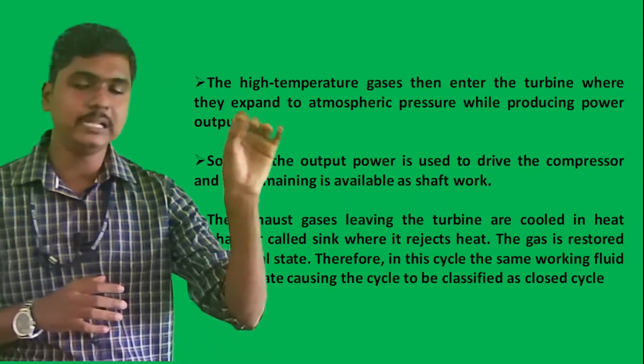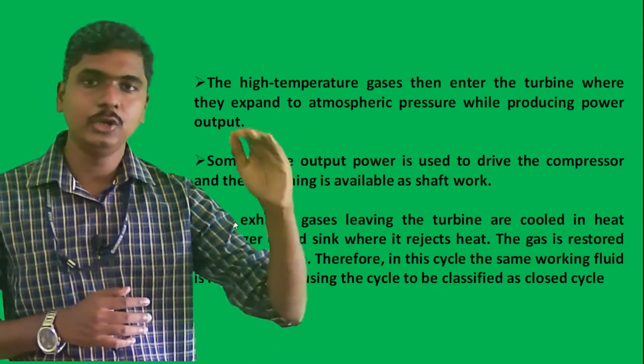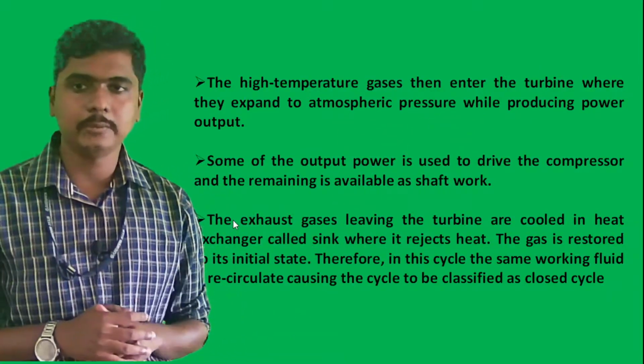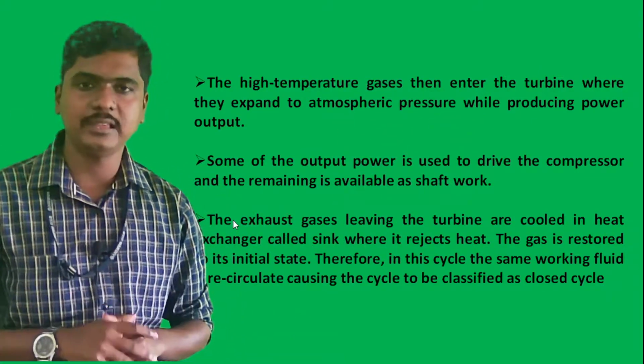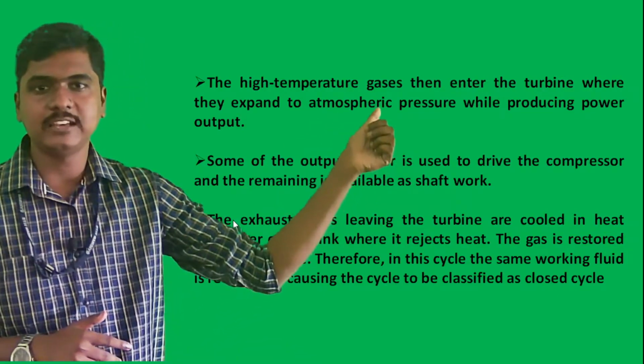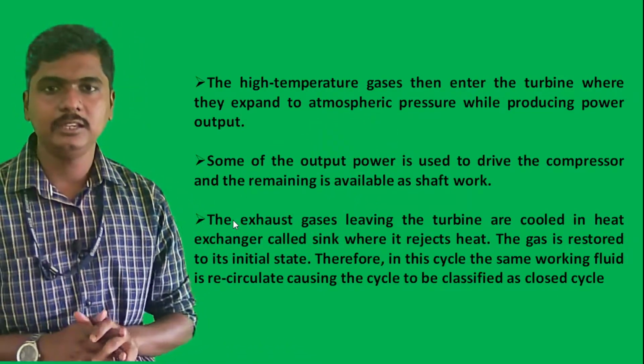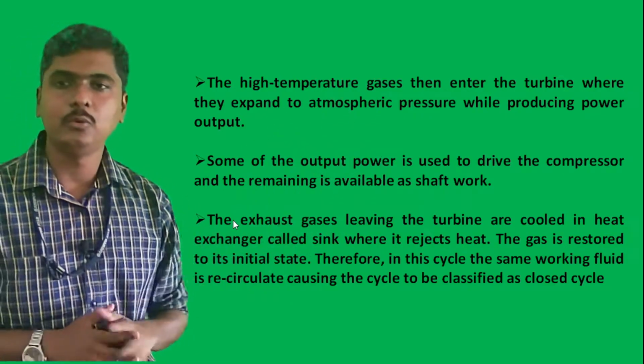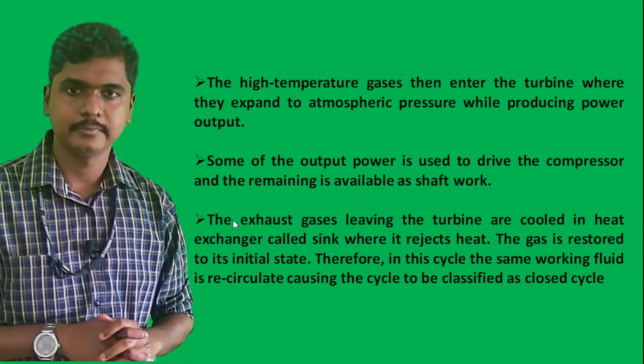After that, the high temperature and high pressure gas is directed to the turbine, same as in the open cycle gas turbine. In the turbine, expansion of the gas takes place, and here we get the mechanical work output.